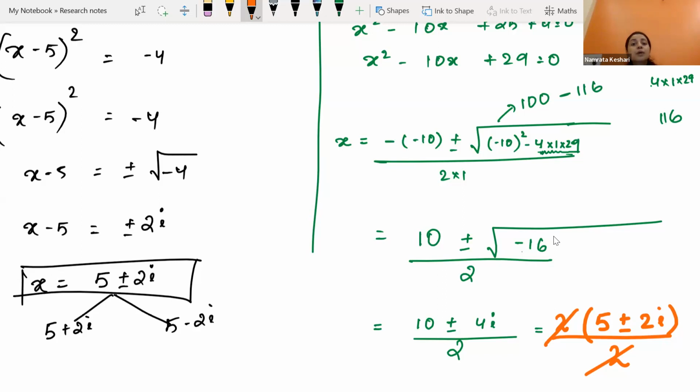This type of scenario was beyond your scope at that time. That's why you solved only quadratic equations where the solution was a real number. Now you can understand that a solution sometimes cannot be a real number.